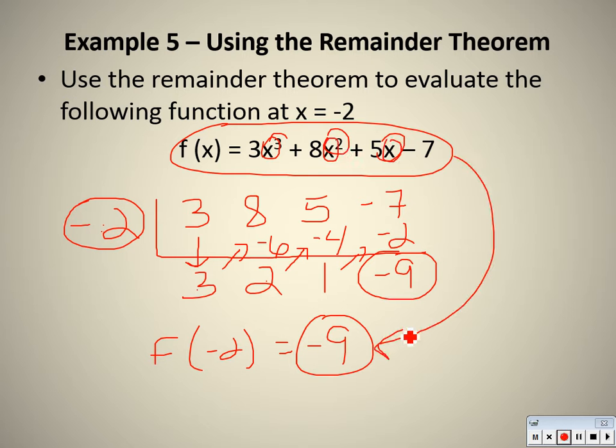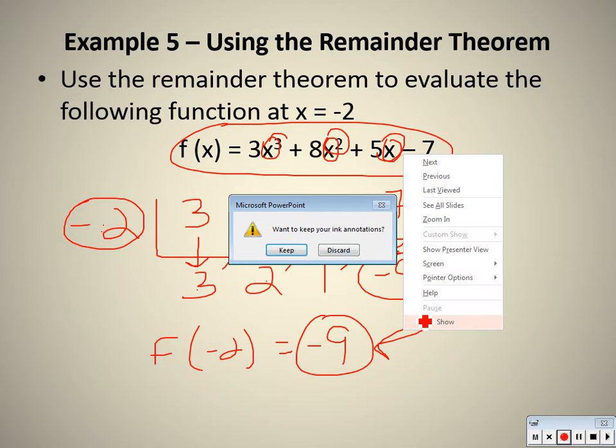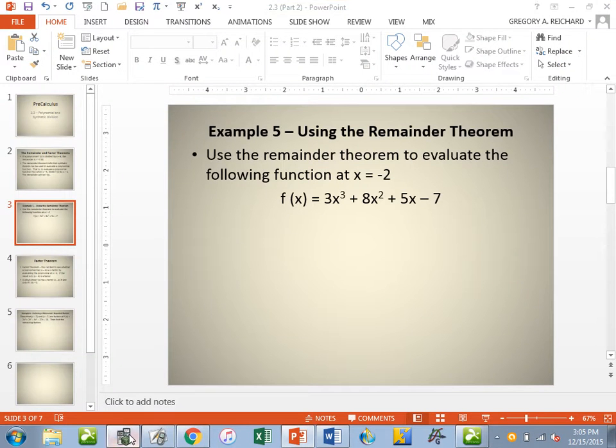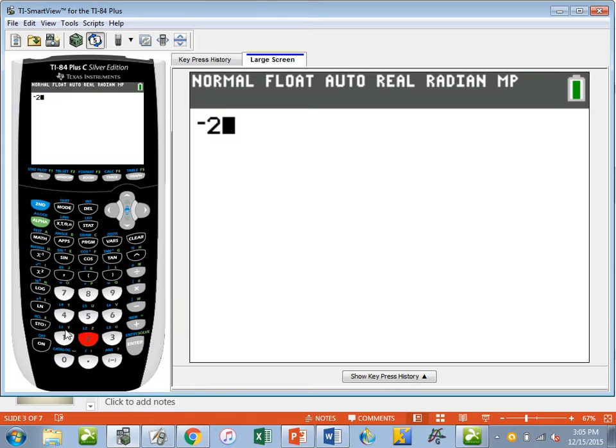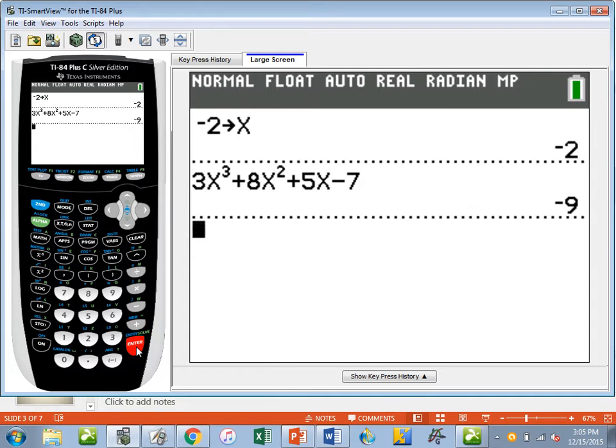So remember, you can check this on your calculator by doing the whole stored number thing. So if I exit out of this here and I go to my calculator and I just store the -2 in for x, and then I type in the function, which was 3x cubed plus 8x squared plus 5x minus 7, what I should get here is -9.